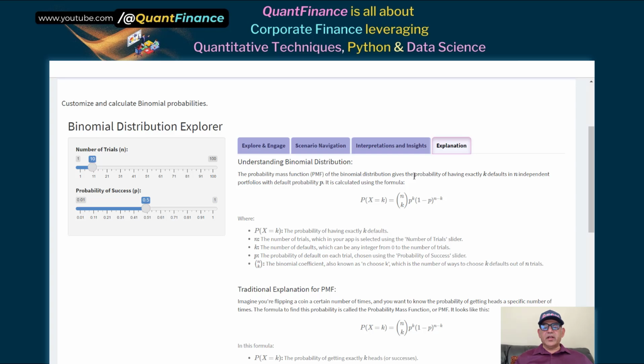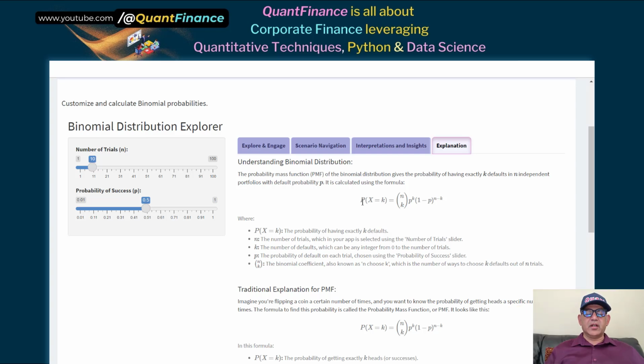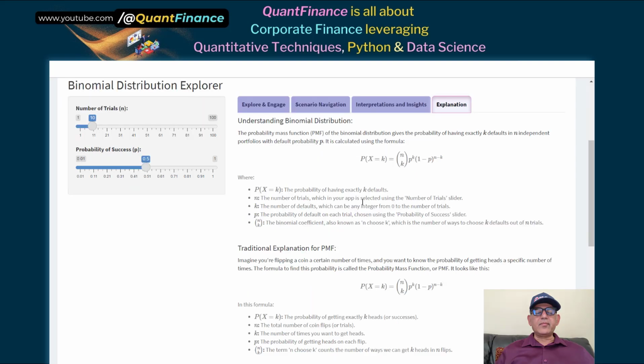We are finding the probability of having exactly k defaults in n independent portfolios with default probability p. So some credit defaults are happening and we want to know the probability of an exact number of defaults, and we are using the binomial distribution because it has a discrete variable, the number of defaults, a discrete random variable. So this is what we are doing, right?